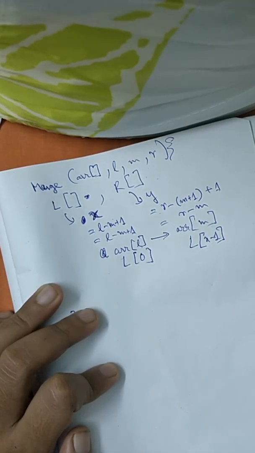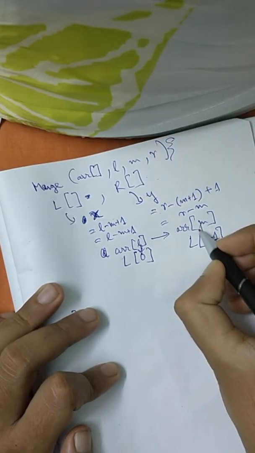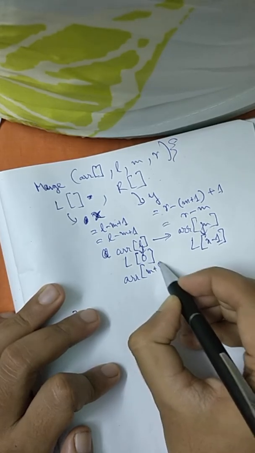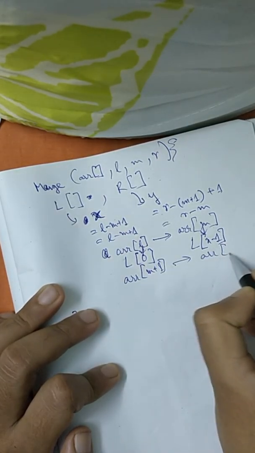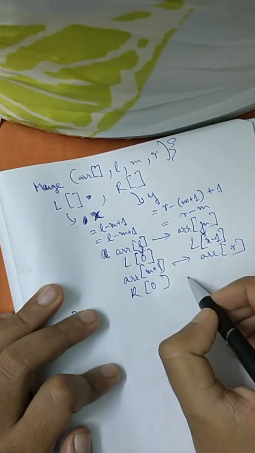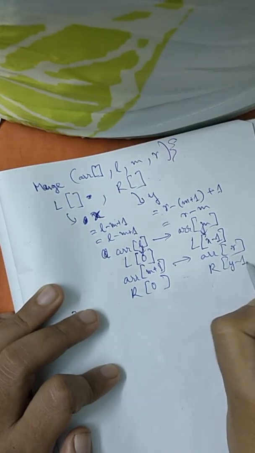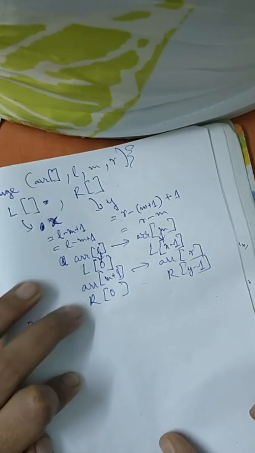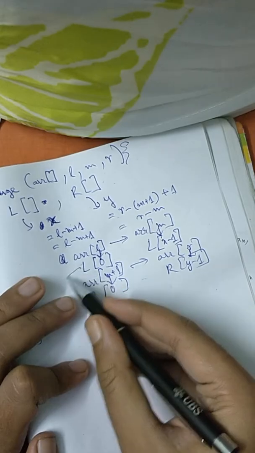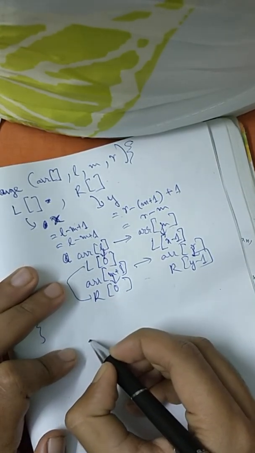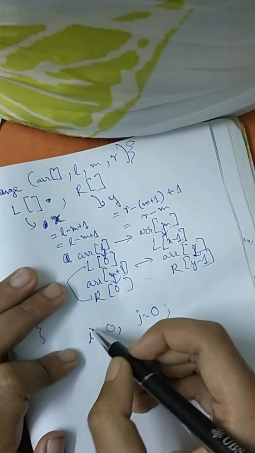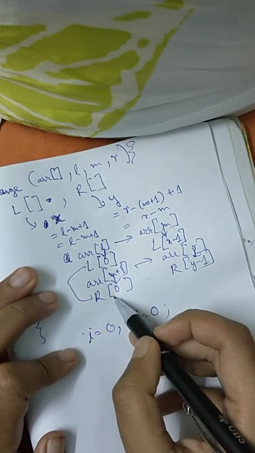So we copy them to this, and similarly ARR[M plus 1] to ARR[R] we copy to R[0] to R[Y minus 1], okay. So we copy them index by index. And now we have a left array and a right array, and we take i equal to 0 and j equal to 0 as our pointers, i for L and j for R.